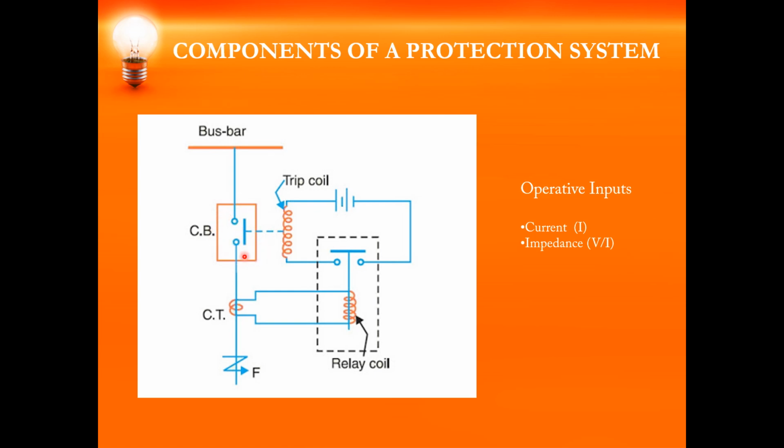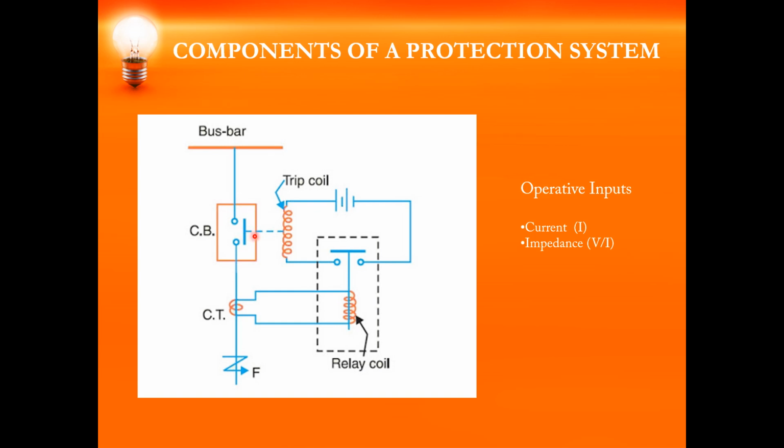The circuit breaker has two contacts, one fixed contact and the other a moving contact. Whenever the relay sends a signal to the circuit breaker, the moving contact starts to separate from the fixed contact and an arc is formed between them.